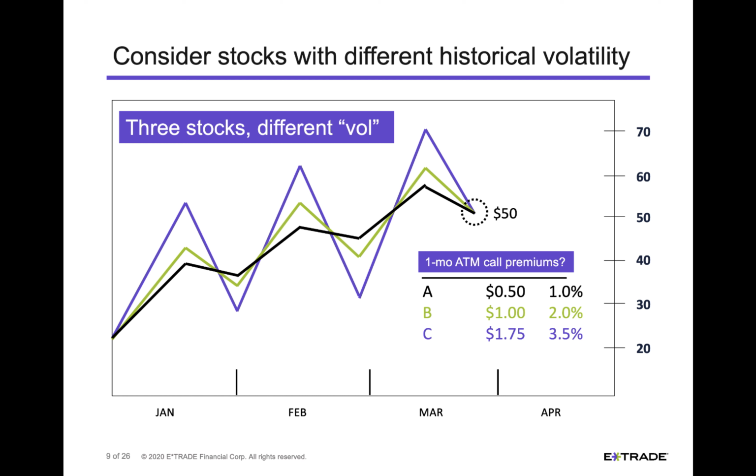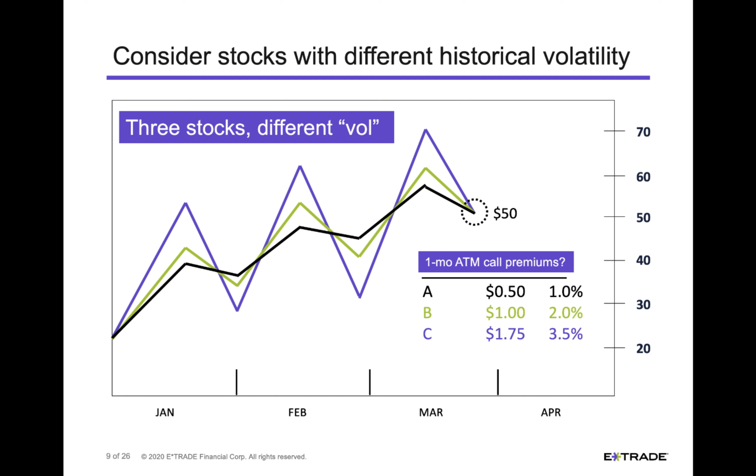If we looked at the premiums, the 1 month at the money call premiums, and by the way, put premiums would basically be the same here, we were trying to understand the differences. If they've all gone from 20 to 50, then why is option A, that call option, priced at 50 cents, option B priced at $1, and option C priced at $1.75?